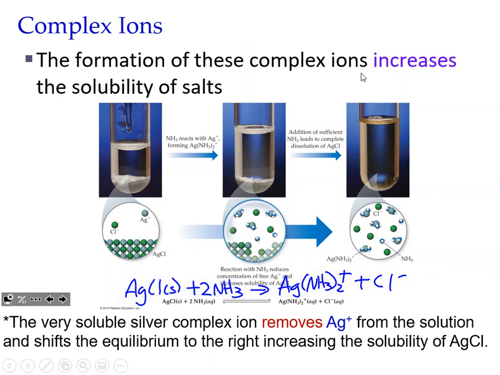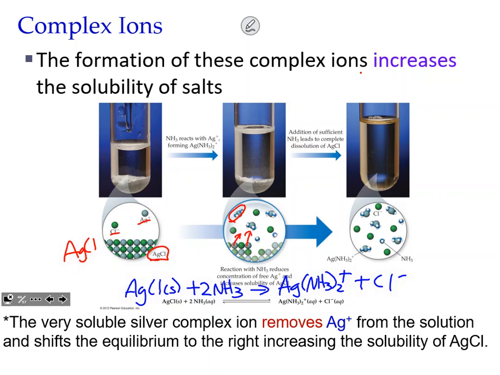So what happens here, basically, if you're looking at the first diagram, this is just the silver chloride in the water. And as you can see, it doesn't dissociate much because it's got a small Ksp. There's not many ions in there. However, when you add the ammonia, these are the ammonia, they are binding up the silvers. They're taking the silvers out of the lattice structure. So what is it doing? It's dissolving now. It's increasing the molar solubility.